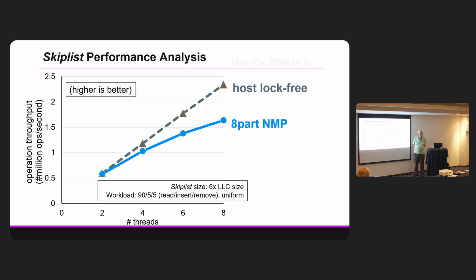The skip list is better than you might think for cached memory because the small number of elements at the top are visited much more frequently. So you're more likely to get cache hits on those than on the lower levels. So it's not as bad as it looks, but it's still not ideal.